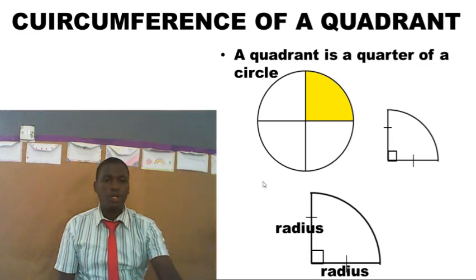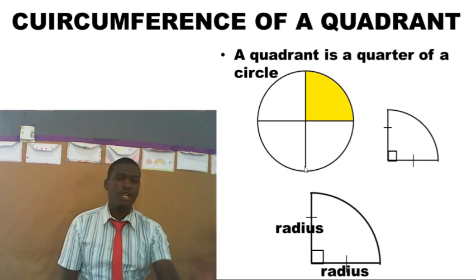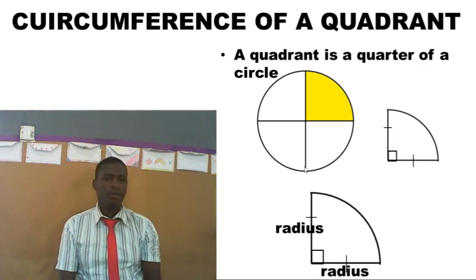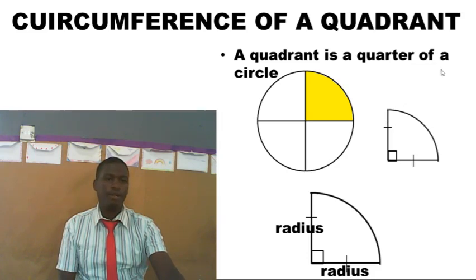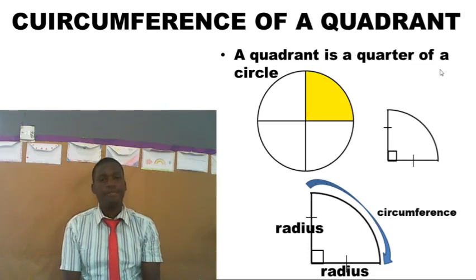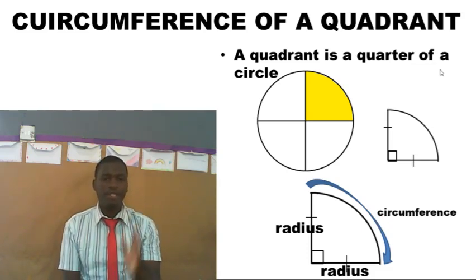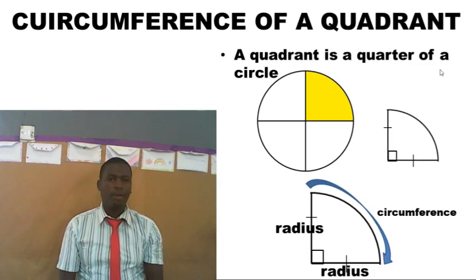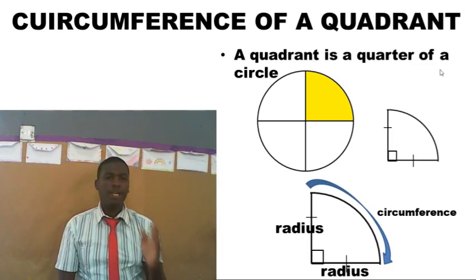And then also, from this point to this point is also another radius. A quadrant has got 2 radii because it's from the center to the circumference. Which part do we call the circumference? Yes, that part there you're seeing is our circumference. So we have the radius and the circumference. The semicircle had the diameter and the circumference.